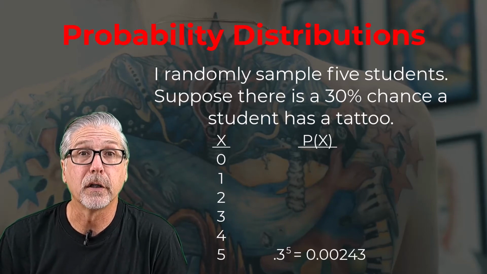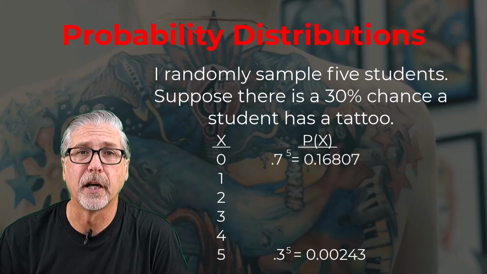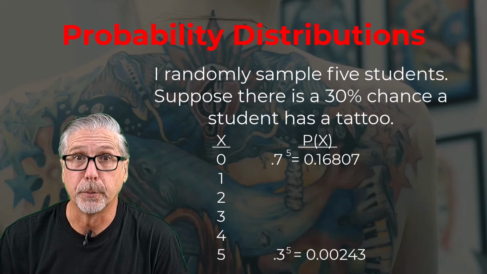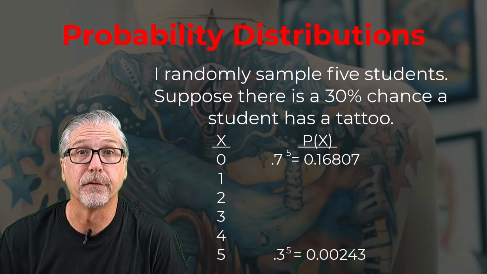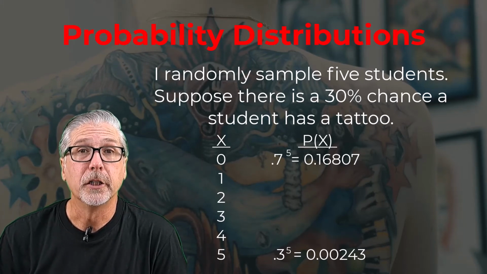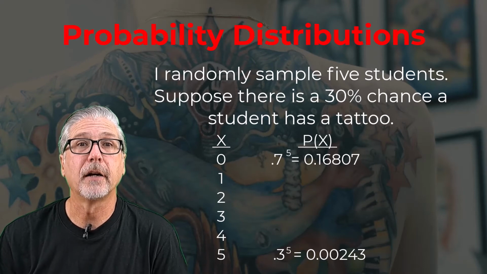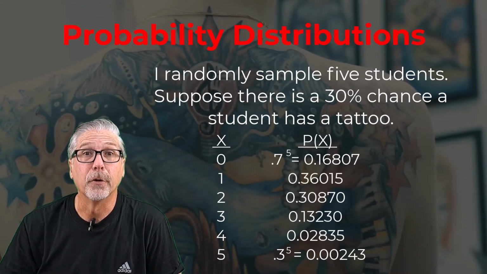It's 0.3 to the 5th power, or 0.00243. The chance that none of the students have a tattoo, similar argument now, except instead of the 0.3, we're going to take 0.7 to the 5th power, and that probability, the probability x is equal to 0, is 0.16807. I'll use my statistics skills to fill in the rest of the probabilities in the table for us.